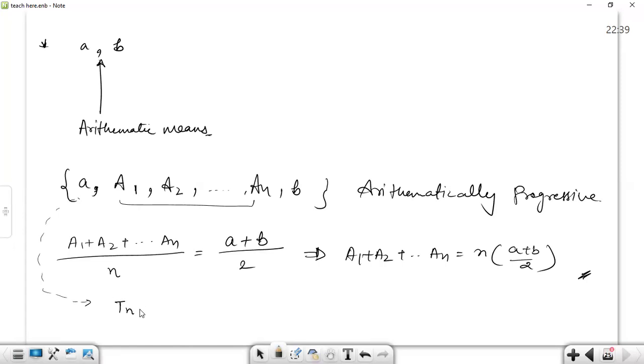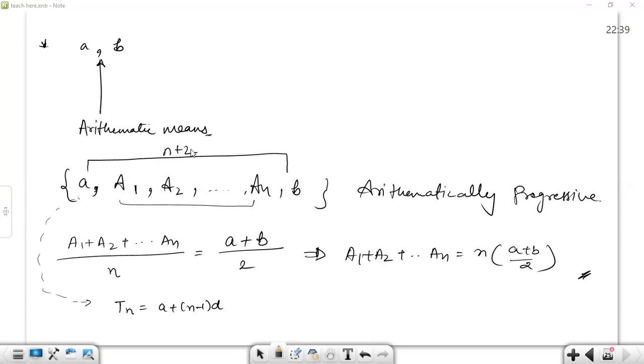We know the nth term of an AP is a plus n minus 1 into d. But here we have to see how many total elements there are in this particular AP. There are two elements and n insertions that we have made. So n plus 2, right?